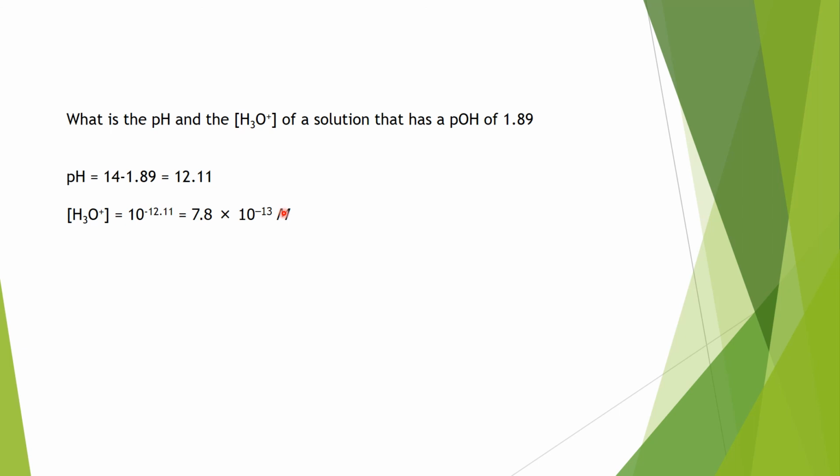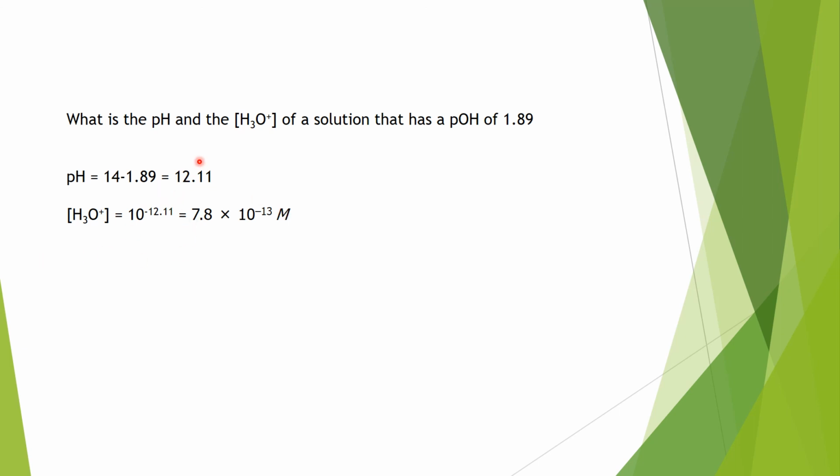So think about it when you do them. If you're given pH, you can figure out the hydronium concentration, or you can find pOH, or you can do them both. So think about the problem and how you want to get to wherever you want.